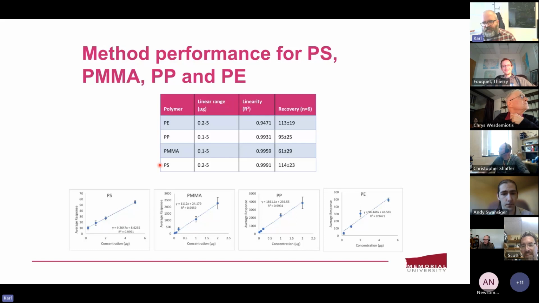This is our first attempt at it, and I've communicated with a couple of other groups on this. One of the pictures that seems to be forming is that, depending on the type of polystyrene, whether it's cross-linked or what molecular weight, it could have different response factors.